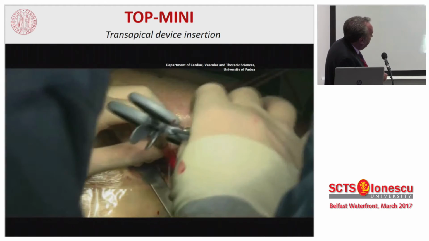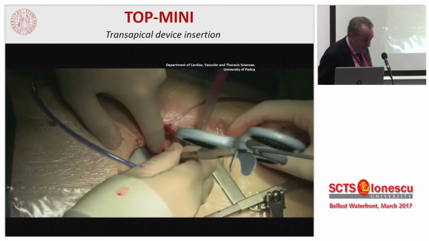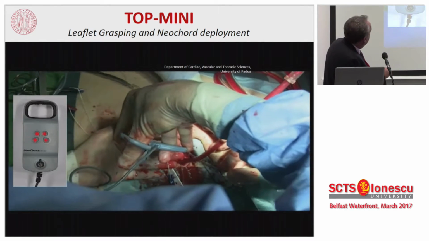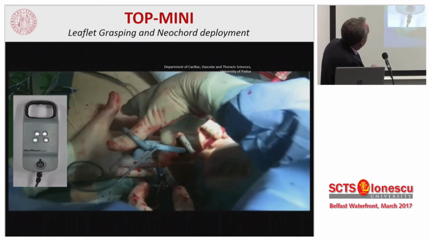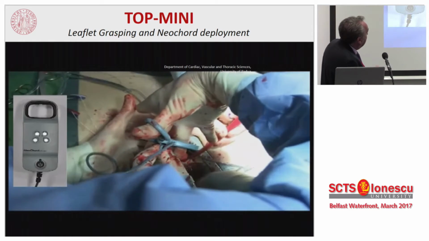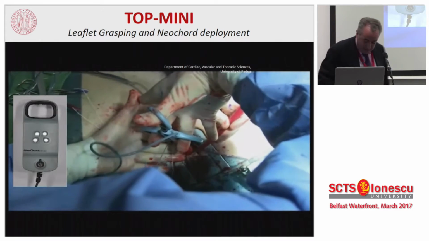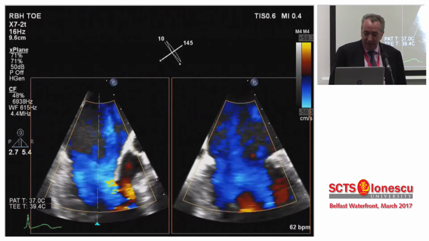It's a little bit of a rigid, bulky piece of equipment, but it's not that difficult to use. And you'll see here, they're grasping the leaflet under echo control. These lights light up, and you have a little device here that pulls the cord through the leaflet.